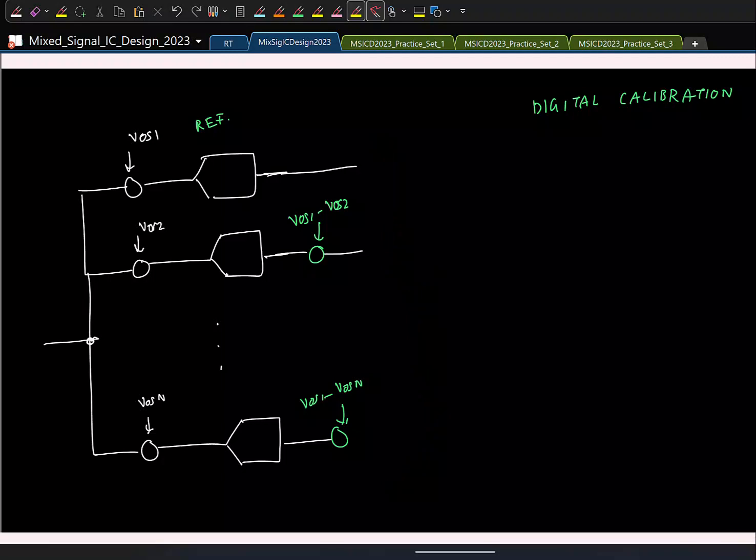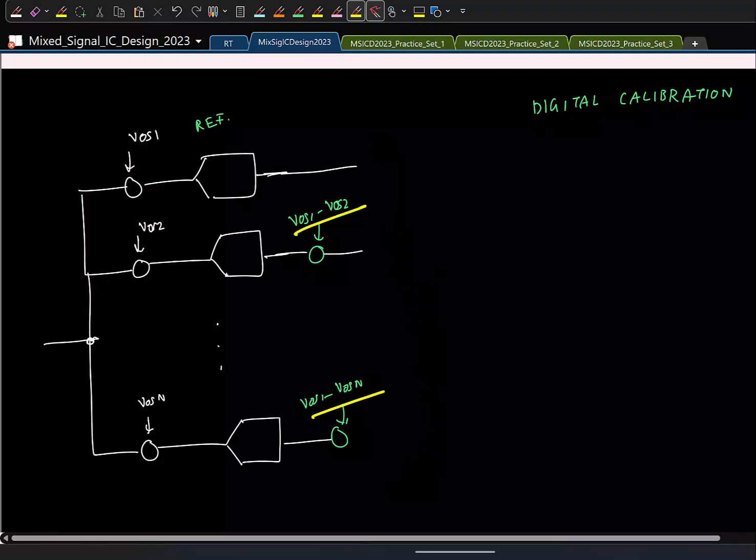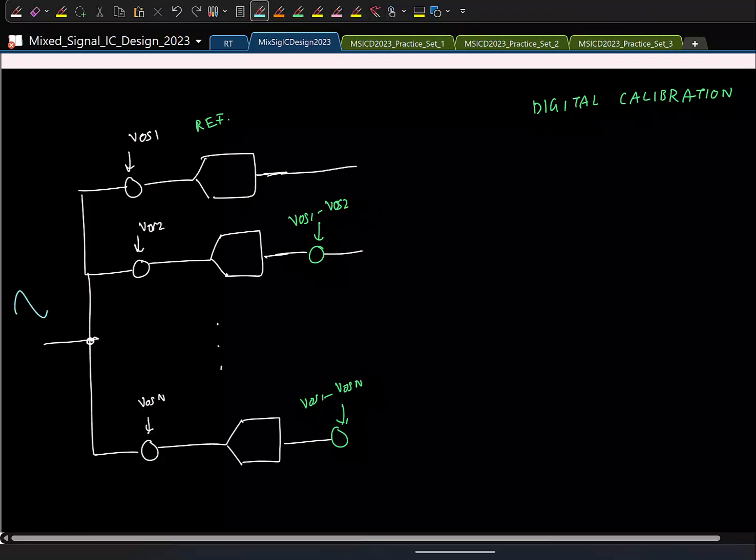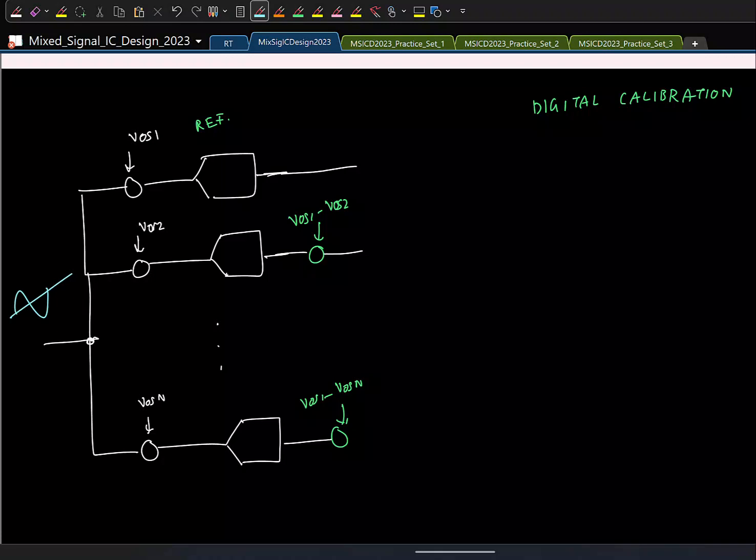Now, of course, the next question is, how do I know what is the number to add here? Again, there are multiple ways in which you can do this. One thing is, let us say we apply a sinusoid. Ideally, if there is no offset, if I take the average at the output, it should be 0, but with offset, there is going to be this VOS1 here. So you take the average of each channel. This gives me VOS1.